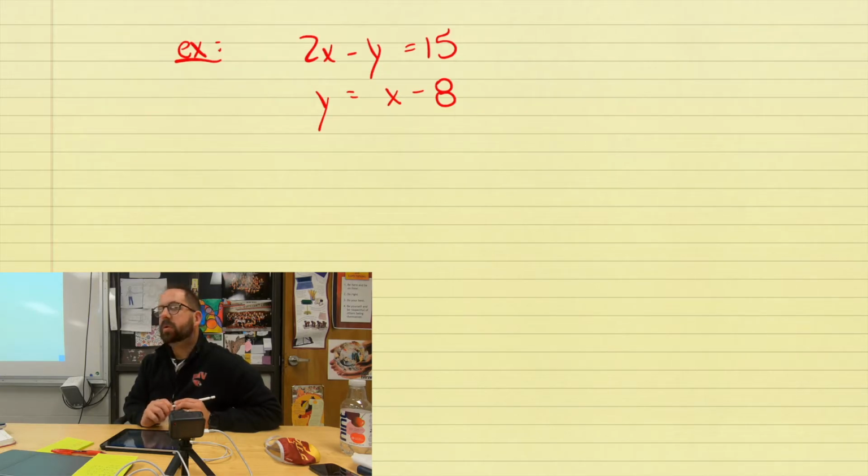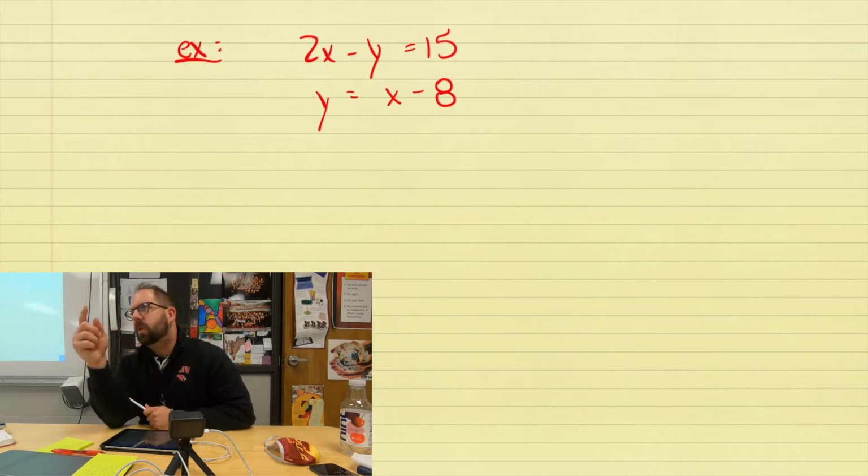We're looking for a solution that works for both equations. This is a system. They have the same variables. It's two equations. Now, should we do substitution or should we do elimination? Substitution. Yes, why? Because the y is by itself on the second one. Exactly. That's why you should recognize when to do one versus the other.